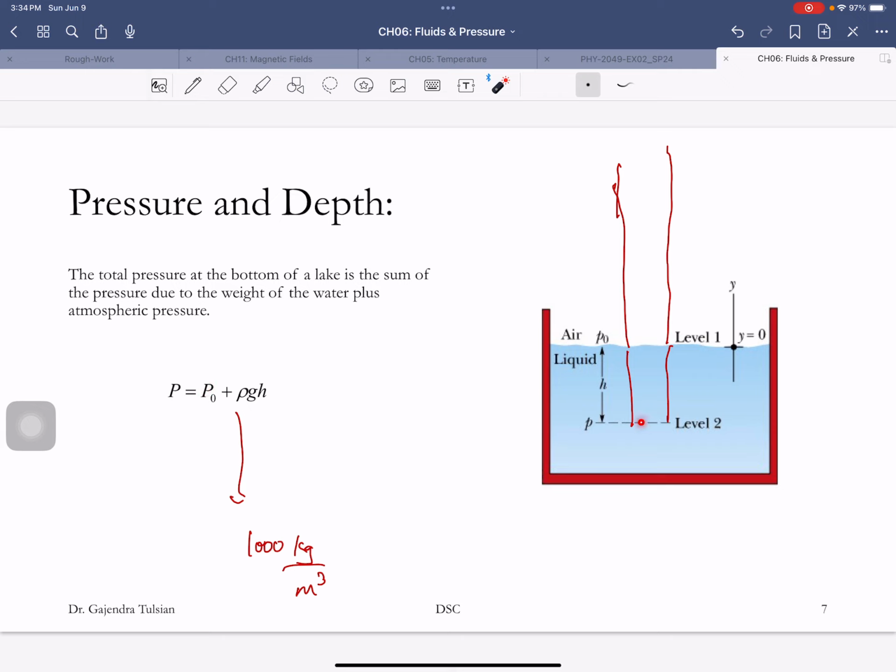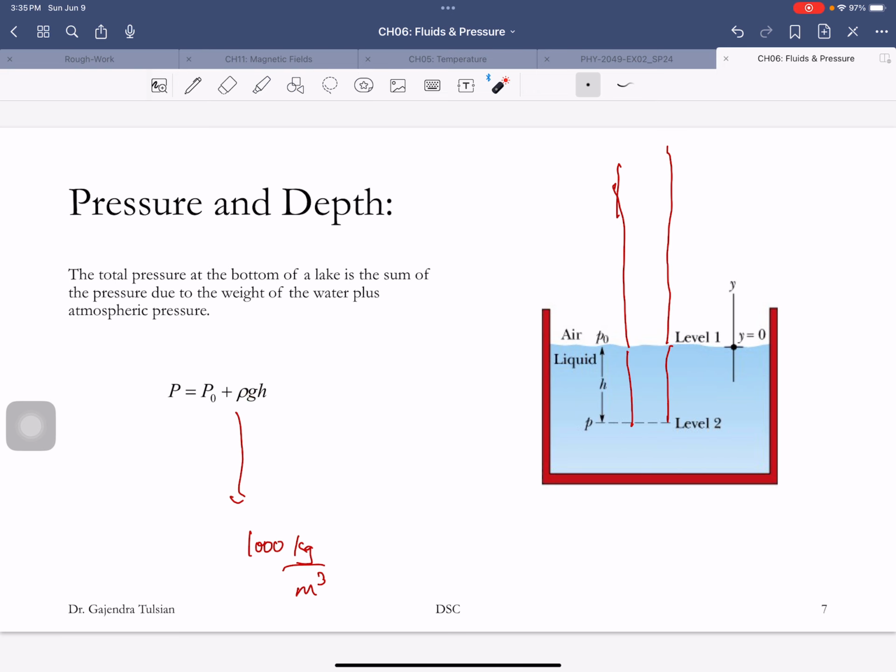So if you're diving at a depth of 33 feet, you have to breathe air at 2 atmospheres. At 66 feet, you'd breathe air at 3 atmospheres. So this expression gives you pressure at a depth, and this will be important to us.